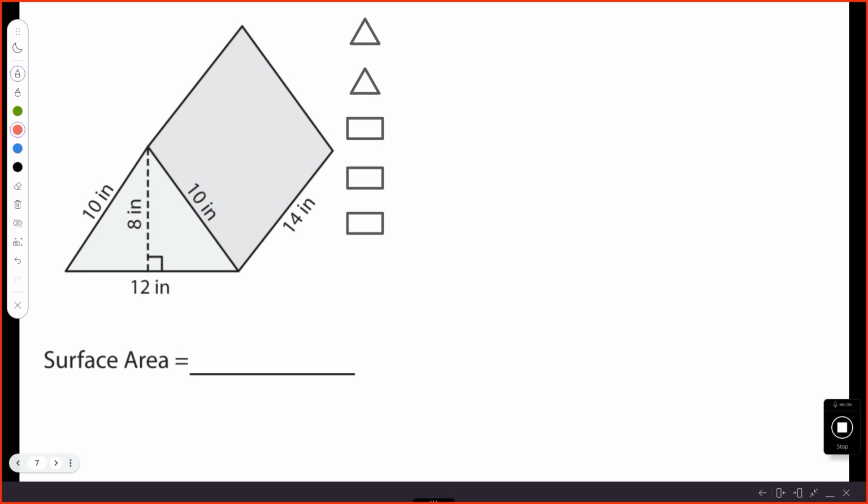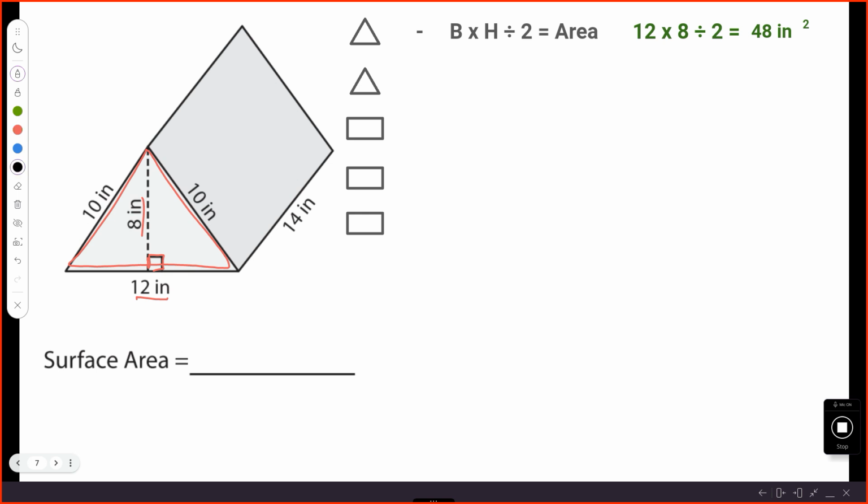So this first triangle we see right here, we also know that we have a base and a height because those 2 numbers touch this square. So I can find the area of that triangle, and it is 12 times 8 divided by 2, or 48 inches squared.